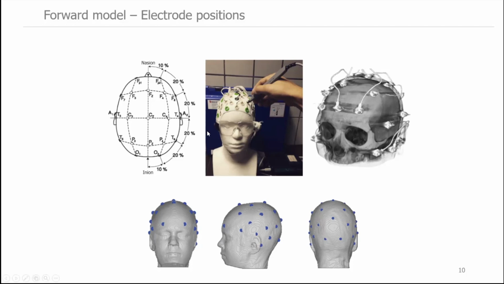Another option, if you have a Polhemus system, a digital tracker, is that you can mark these electrode positions on top of the patient's head with this device. There's also another device, the dome from Maxim, which takes pictures at certain moments and then makes a 3D image of where all the electrodes are localized.